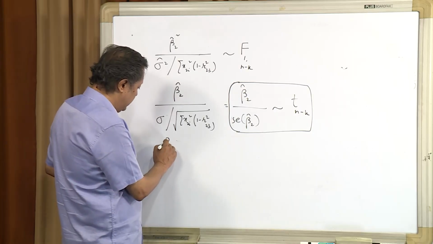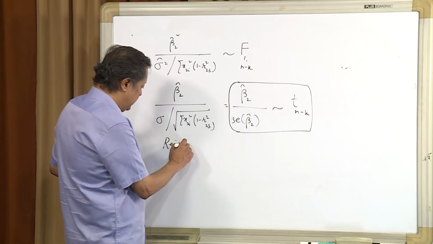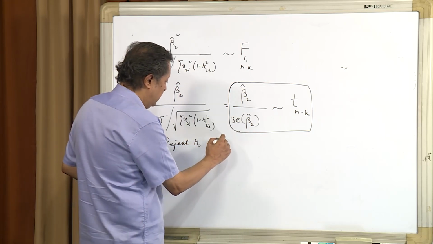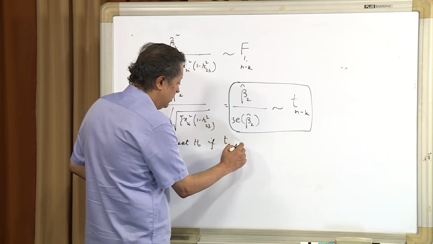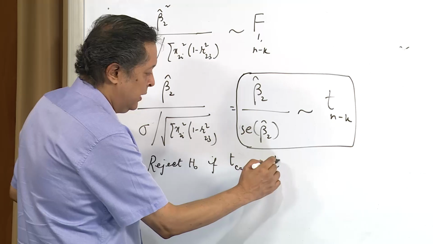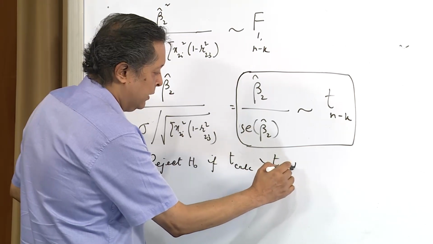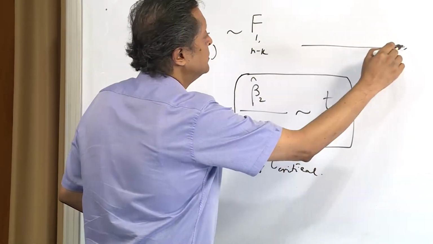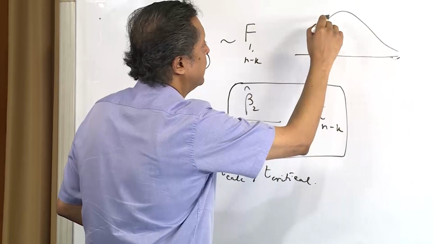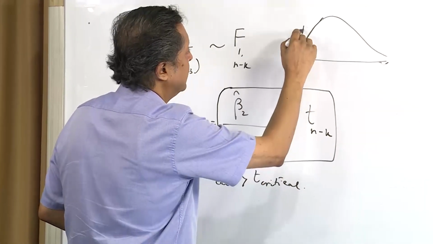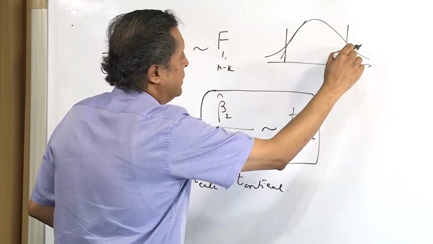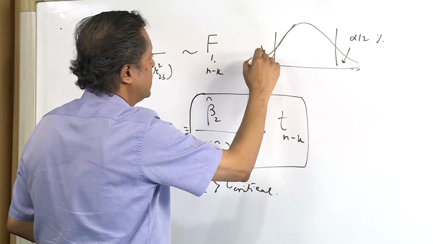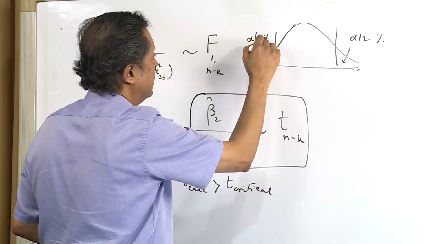And we reject H naught if T calculated exceeds T critical. So, this is a standard diagram for the T distribution, symmetric, and this is alpha by 2 area, this is also alpha by 2 area.